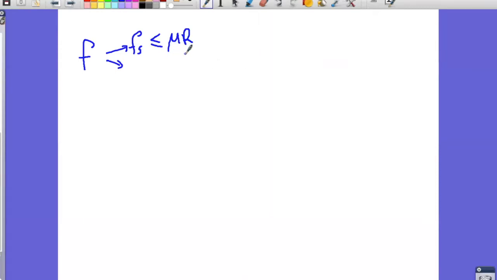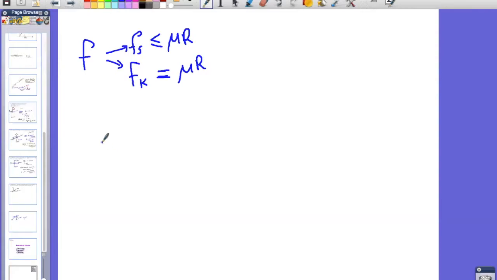But if the force starts to increase, the static friction will increase until it reaches a value of mu R. When it reaches a value of mu R, if the force increases beyond the static friction, then the object will start to slide. When the object is sliding, then we will have kinetic friction on the object. And in this course, we assume that kinetic friction is always the value of mu R. That's what we know so far.